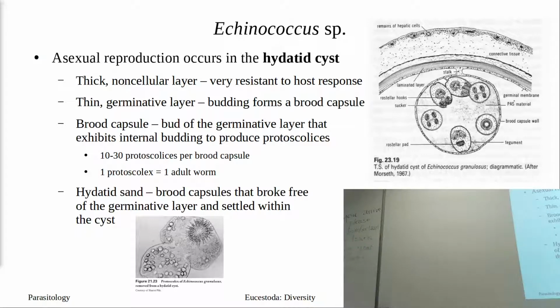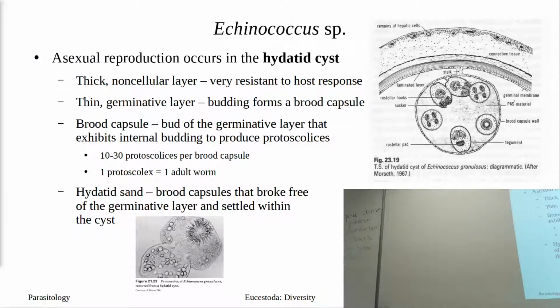Now, as the brood capsule pinches in and forms this bowl, you will have additional germination happening, giving rise to the protoscolices. Each one could potentially produce an adult. It's attached to a stalk. The stalks can break, and then you could have the collection of these brood capsules settled down in the cyst as hydatid sand.